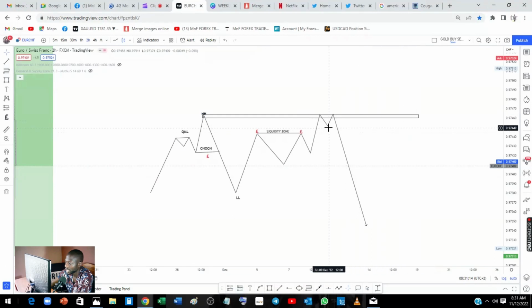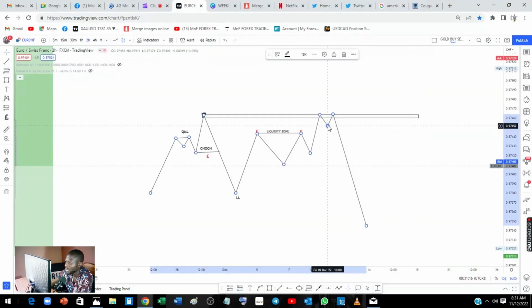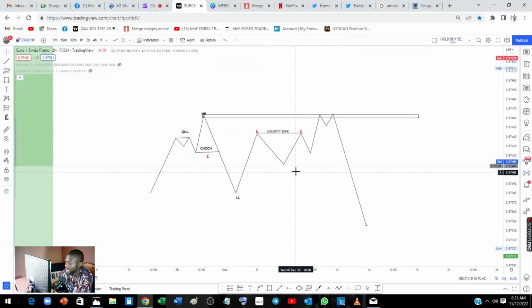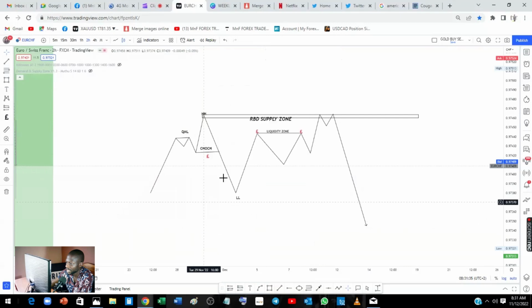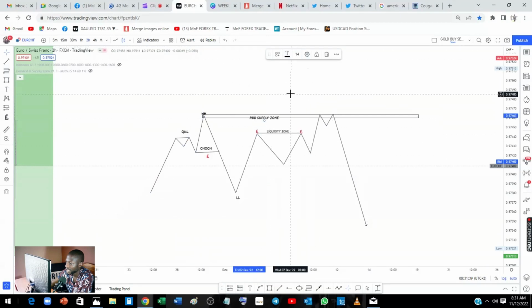In this case, what we have is what we call a confirmed entry, where the market breaks this level right here, breaks this liquidity and comes to our level right here. What is this level? This is what we call a rally based drop. Let's mark that as a rally based drop supply zone right there.